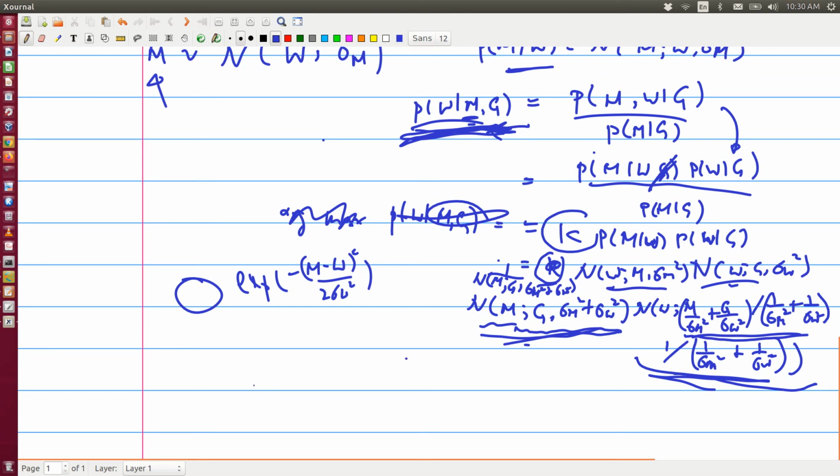So my estimate should be m sigma w square plus g sigma m square over sigma w square plus sigma m square, something like that. And the variance is sigma w square sigma m square over sigma w square plus sigma m square.